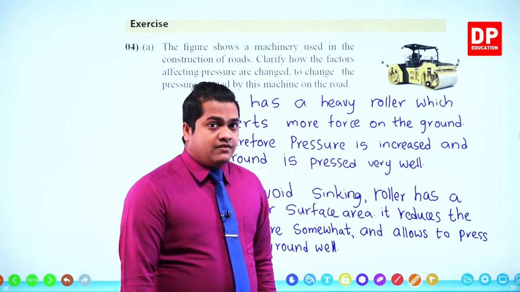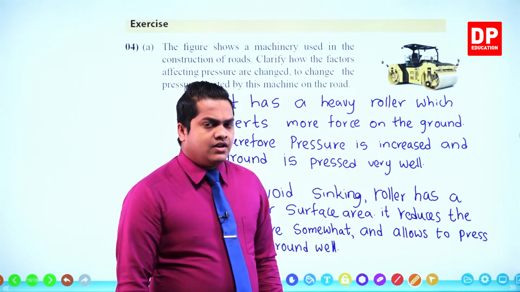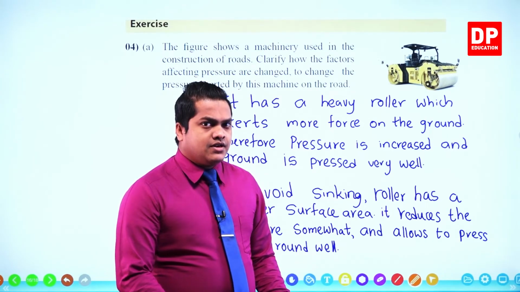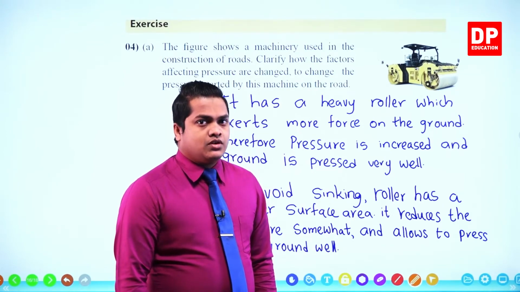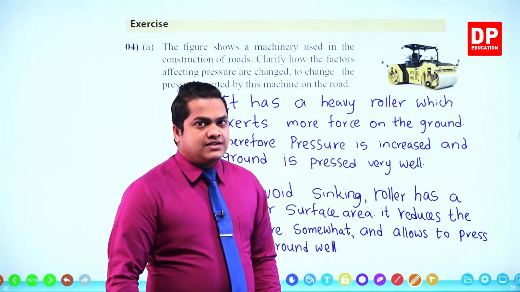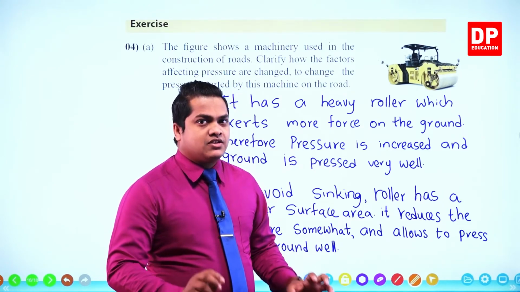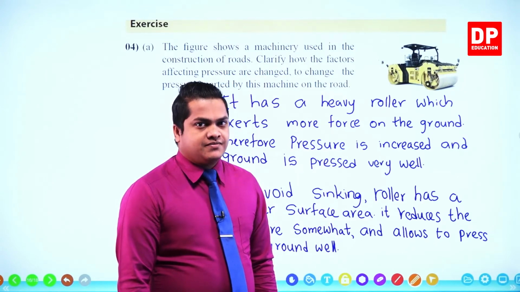By using the surface area, pressure has been decreased up to a certain level to make the work much more convenient and quite easy. Both the factors are considered to make our work more convenient here. A good machine, the pressor.